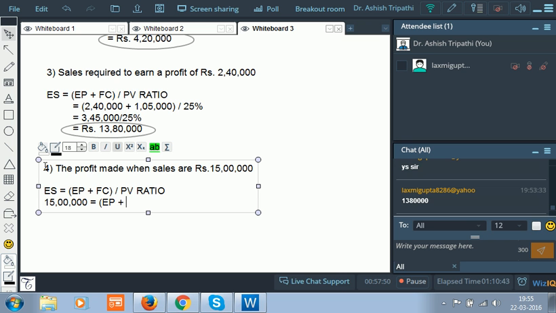Fixed cost मालूम है क्या? Sorry, fixed cost, yes, we know fixed cost is 1,05,000 upon PV ratio is 25%.